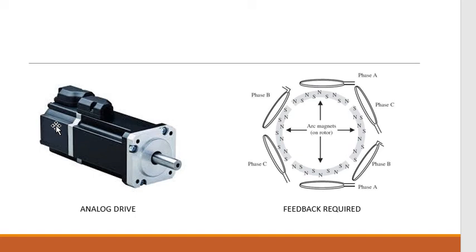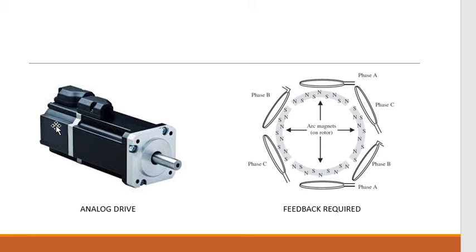And the main difference is that the stepper motor has a discrete control. You cannot use angles like 1.678, but you don't have to add any feedback mechanisms inside.